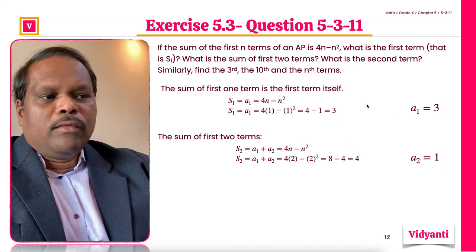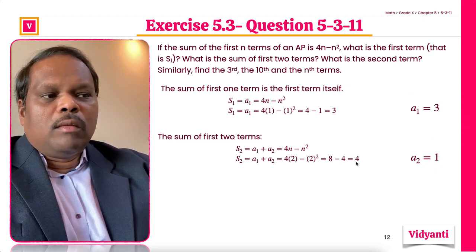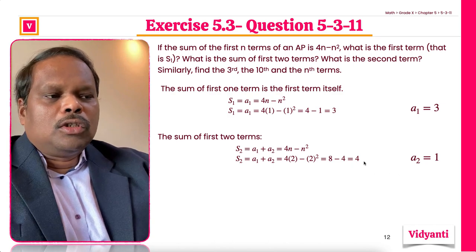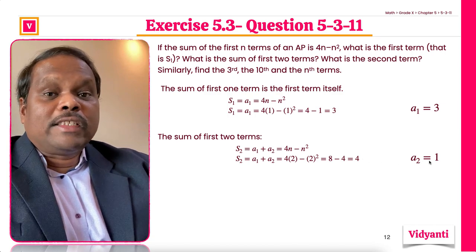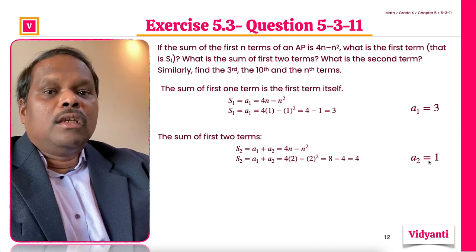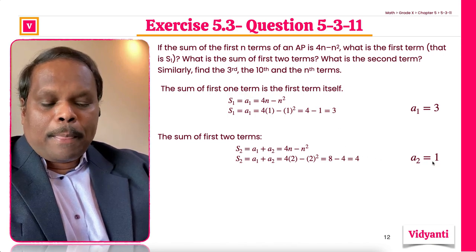The first term gave you 3, and when the second term was added, the total suddenly became 4. So that increment from 3 to 4 must be because of the second term, and that's why it is 1.